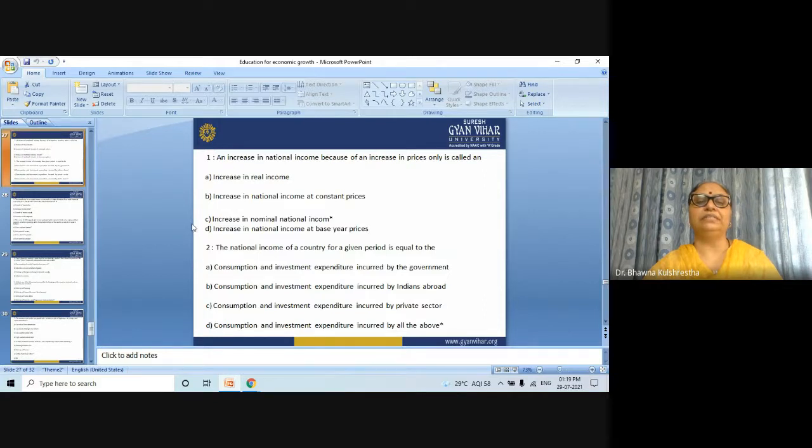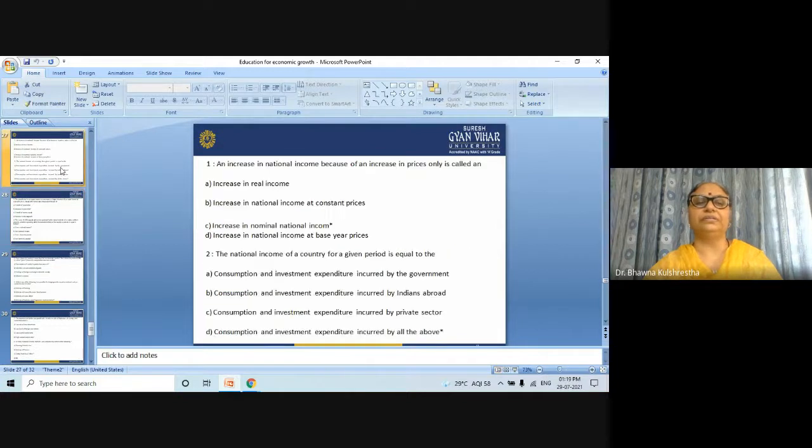And the next question: the national income of a country for a given period is equal to consumption and investment expenditure incurred by the government, consumption and investment expenditure incurred by Indians abroad, consumption and investment expenditure incurred by the private sector, or consumption and investment expenditure incurred by all the above.